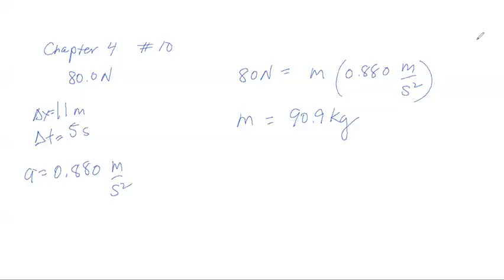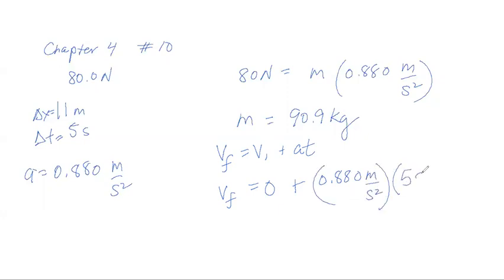Now I need to solve for how far the block moves after the push stops. So we need to get the velocity here. We're going to do v final equals v initial plus acceleration times time. It starts from rest, so v final is going to equal 0 plus the acceleration, 0.880 meters per second squared, times the time, 5 seconds.